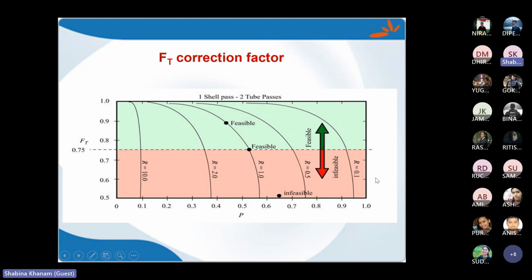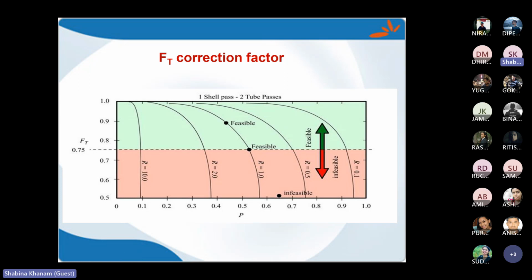When I say infeasible region, it does not mean that design is not possible there. Design is possible with a very high heat transfer area, and when FT is very low, it gives infeasibility in the movement of the temperature.